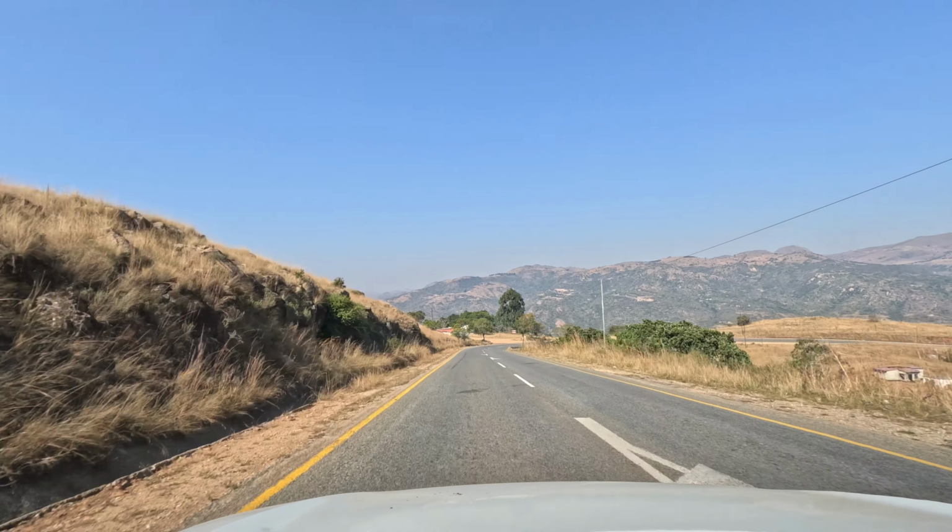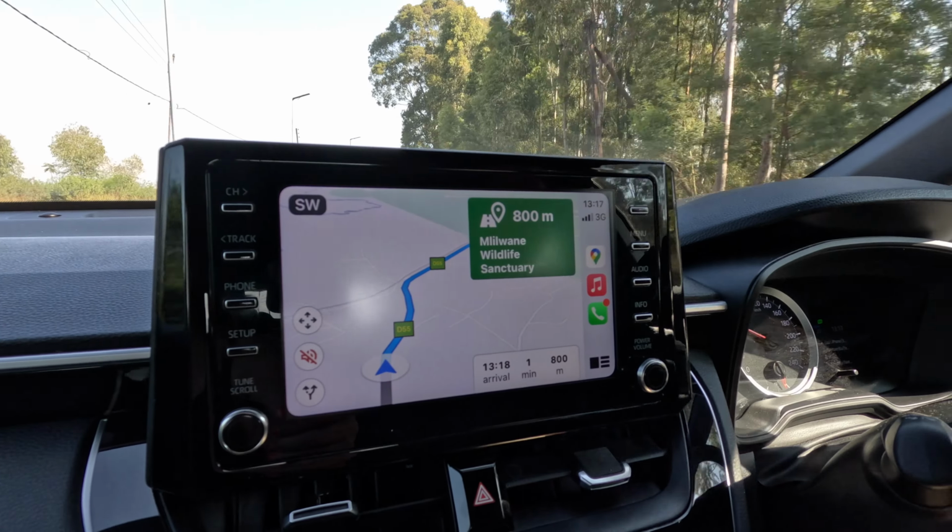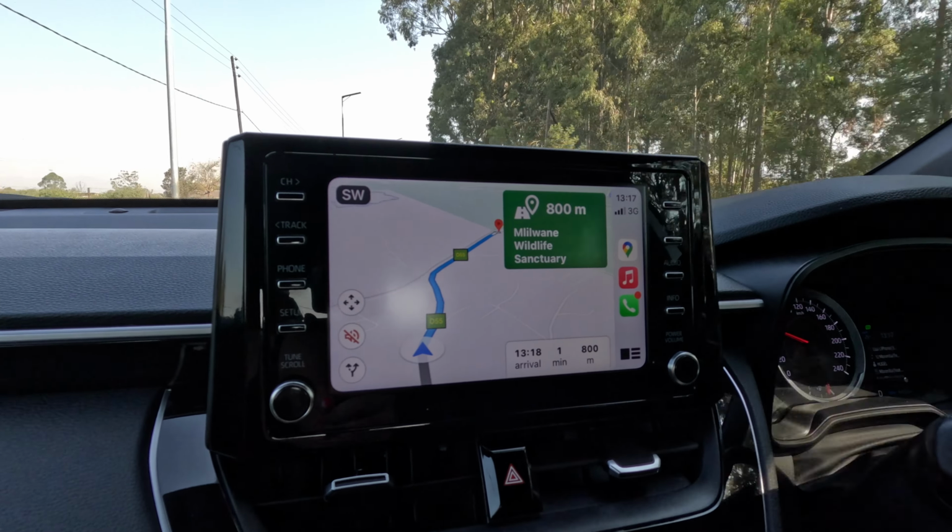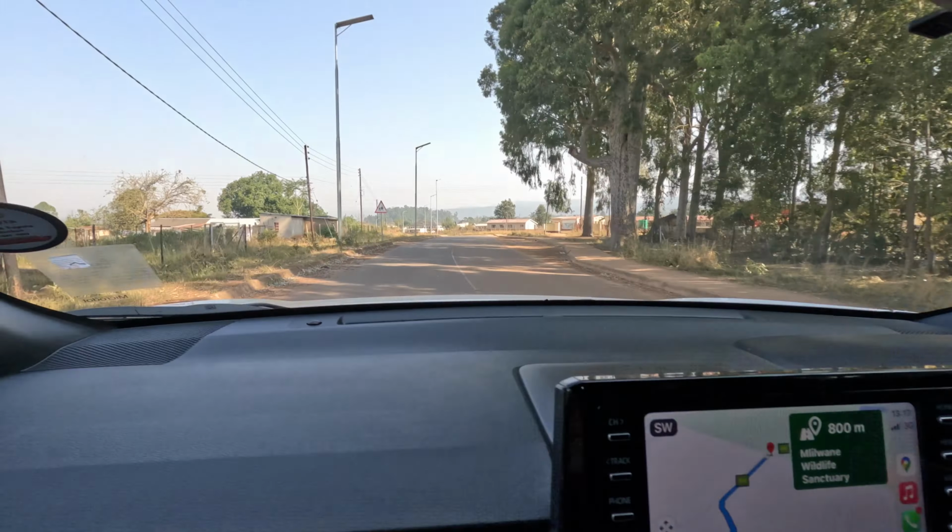It's a very small country that is landlocked, bordering Mozambique and South Africa. The population of Eswatini is just over 1 million people, and it's one of the very few absolute monarchies in the world. An interesting fact about the king of Eswatini: he currently has 15 wives, but the former king actually had 125, so 15 seems like a very low number compared to the previous king.